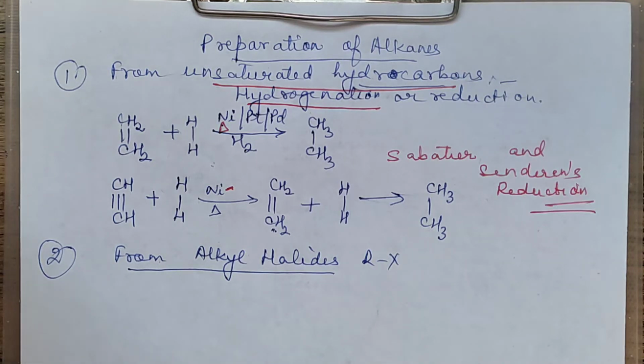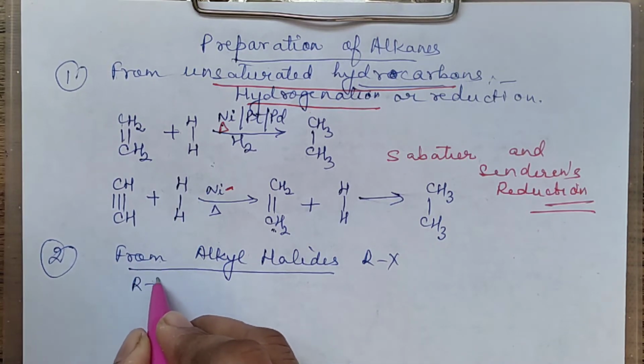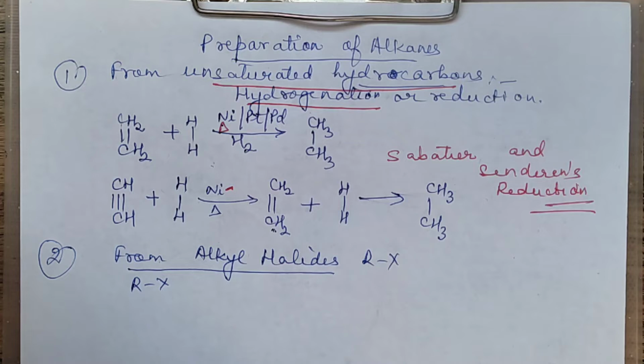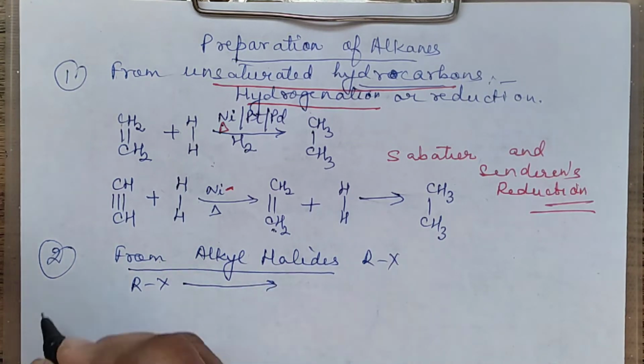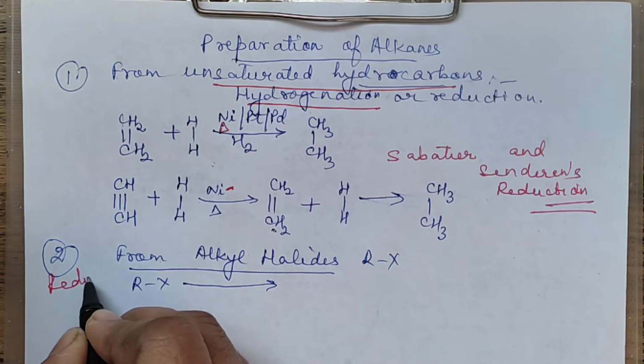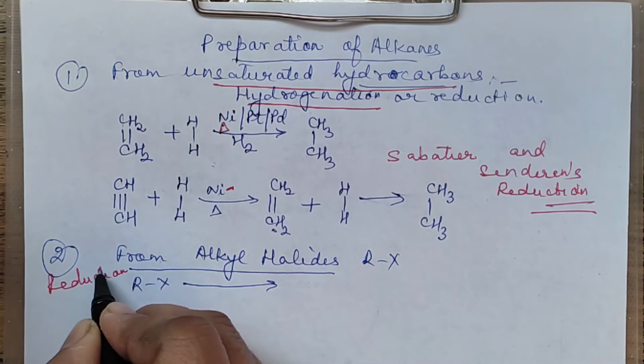That means whatever carbon atoms you take in alkyl halide, the same number of the carbon atoms will be obtained in the alkane. Right. Suppose you take here RX, some alkyl halide, you will have to carry out reduction.